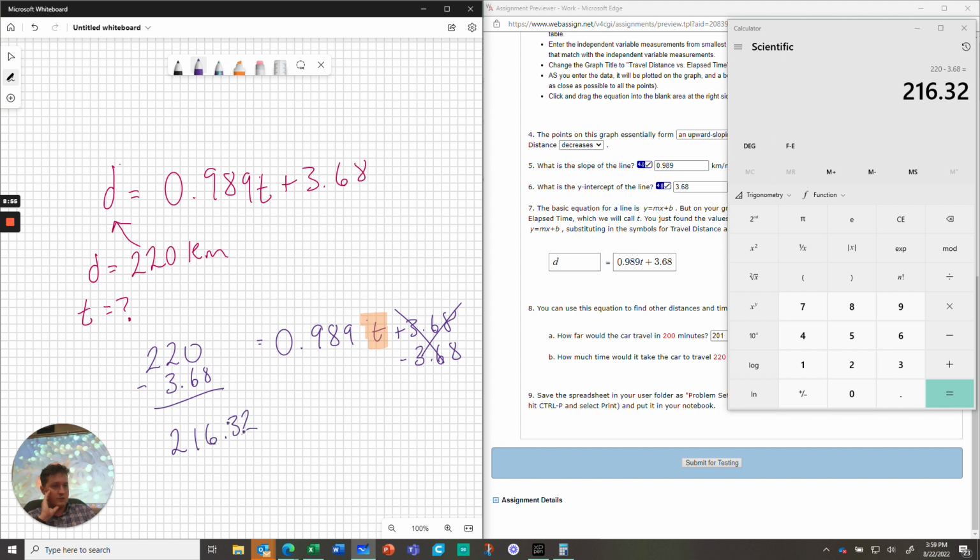So 216.32 equals 0.989 t. Okay. Now these two are being multiplied. To get t by itself, we have to do the opposite function. If it's multiplying here, we're going to do the opposite, which is division. So divide both sides by 0.989.